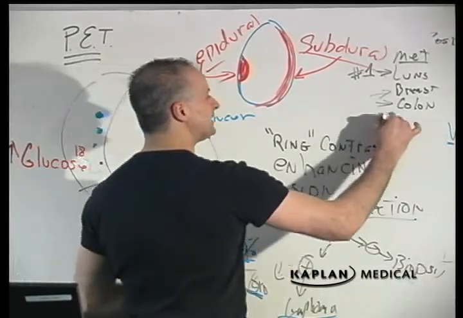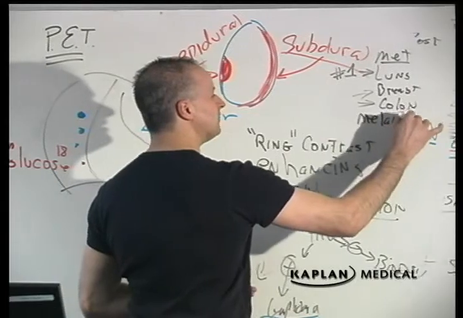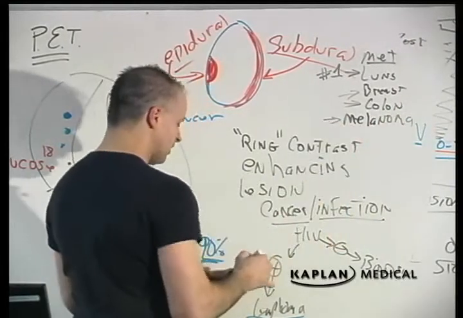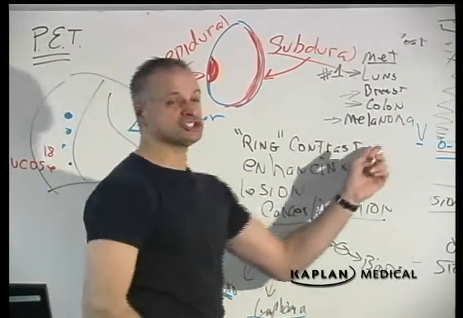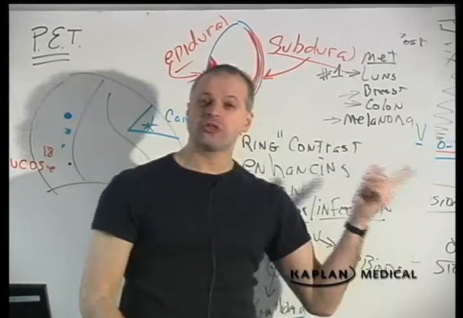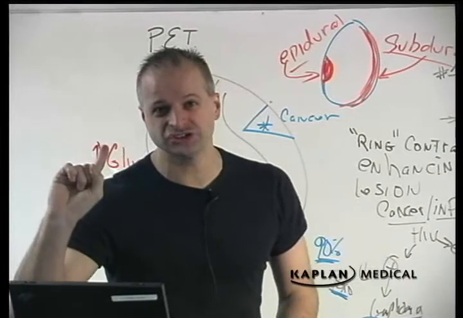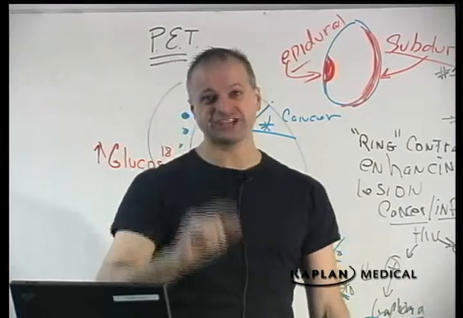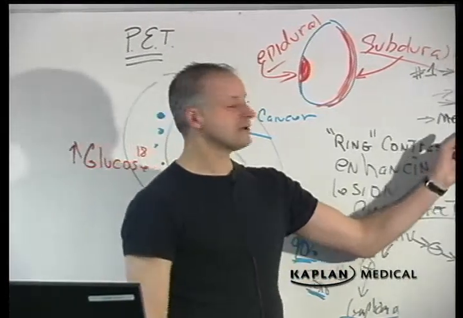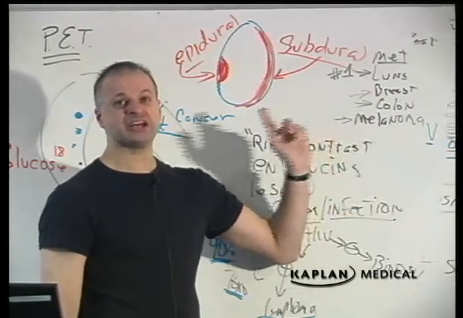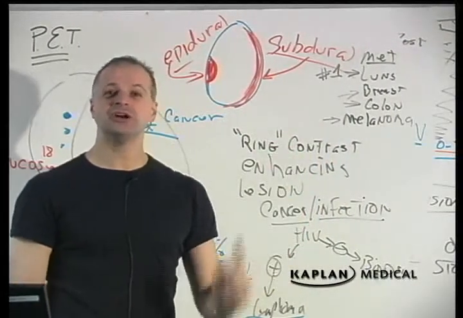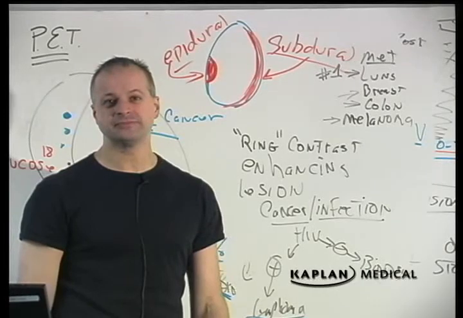Why is melanoma number four? Melanoma likes to eat your brain. Although melanoma is only 1 to 2% of all cancer deaths, it has a very unusual predilection for metastasis to the brain.